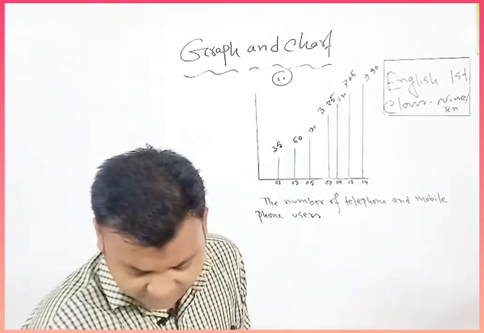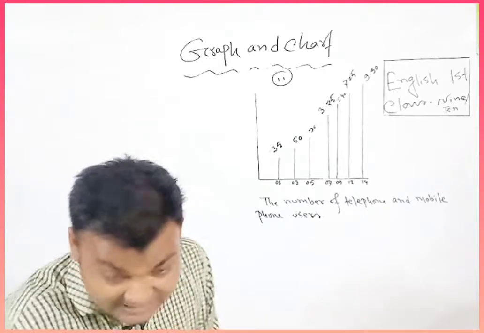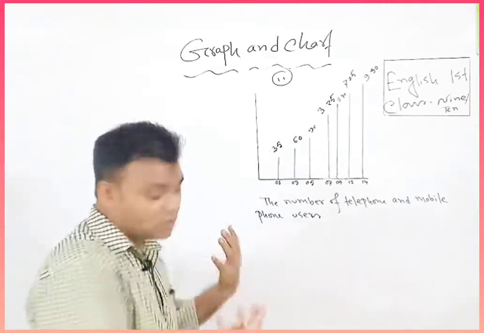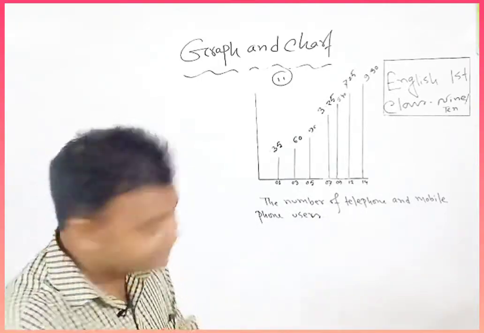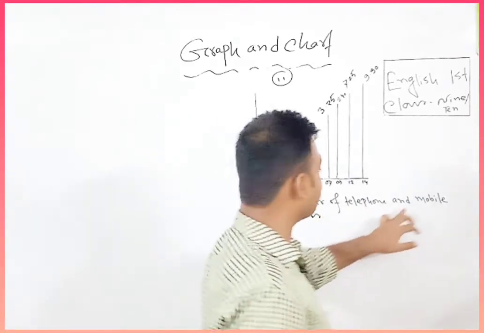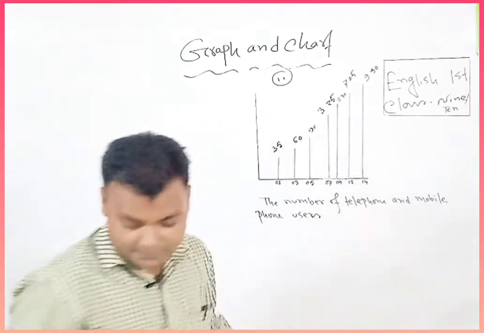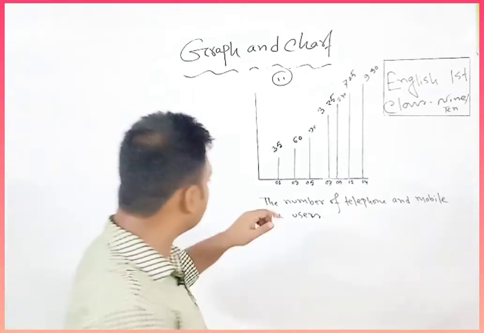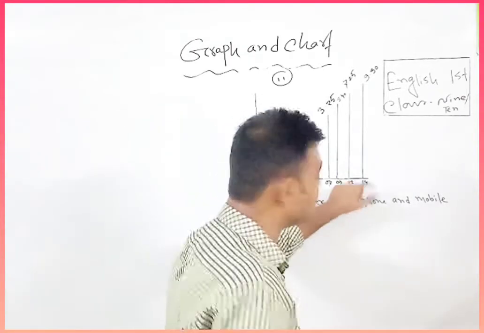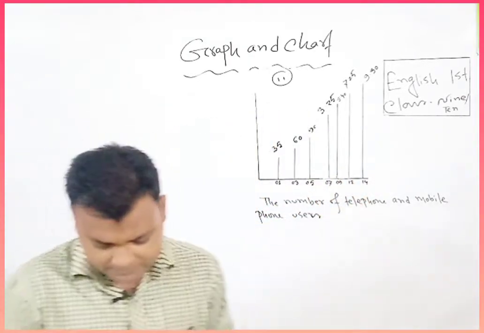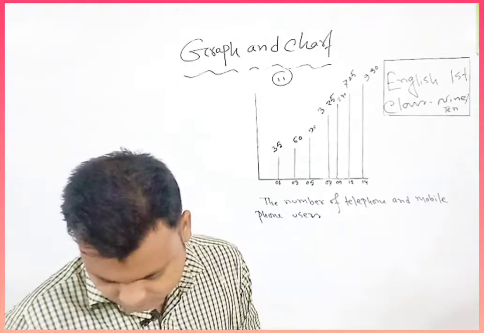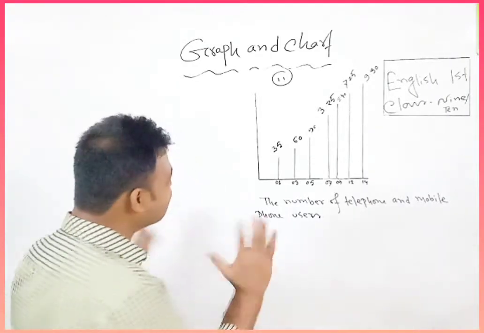So we start our writing. The graph shows us the number of telephone and mobile phone users from 2001 to 2014. এরপর আমরা বলবো the graph shows the constant rise.